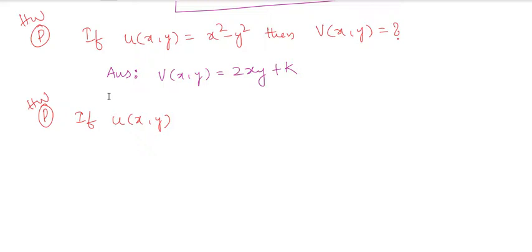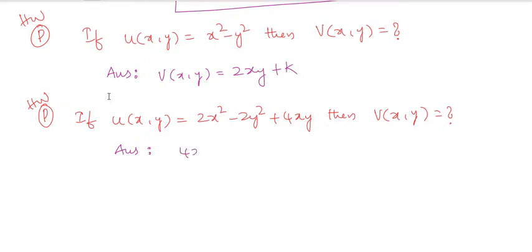If u of x comma y is equal to 2x square minus 2y square plus 4xy, then v of x comma y is. For this the answer will be 4xy minus 2x square plus 2y square plus constant k. So that is the question.